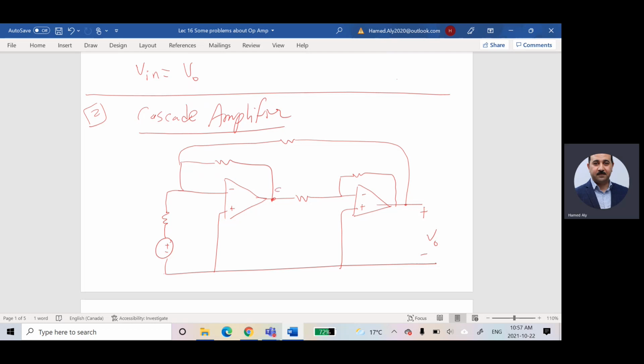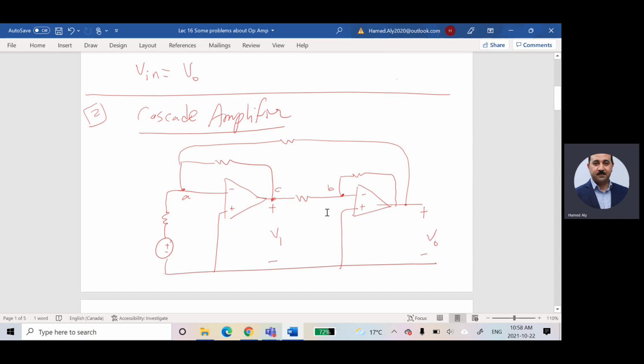Imagine this is node C, this is node A, and this is node B. And we have an output here, which is the first output from that operational amplifier. I can connect these two operational amplifiers in that way, and I will call that a cascade operational amplifier.